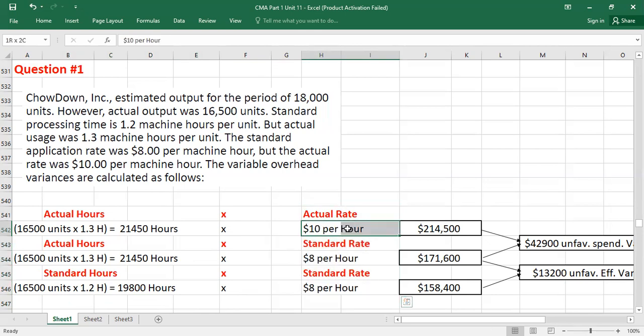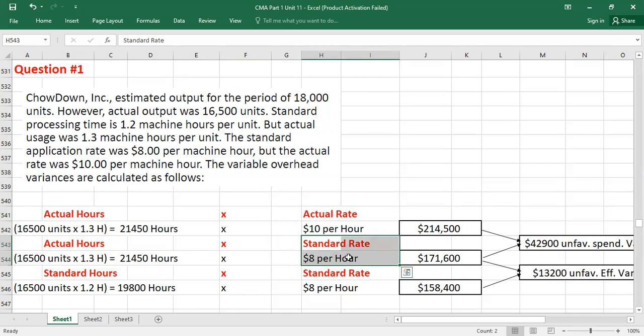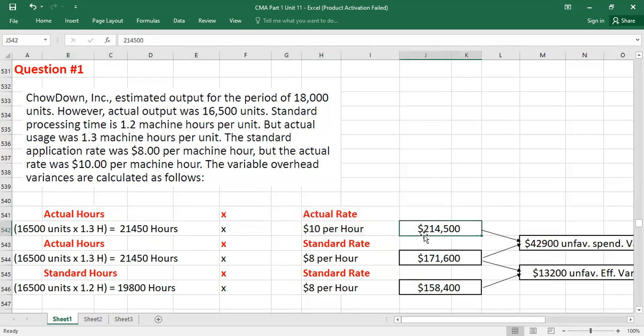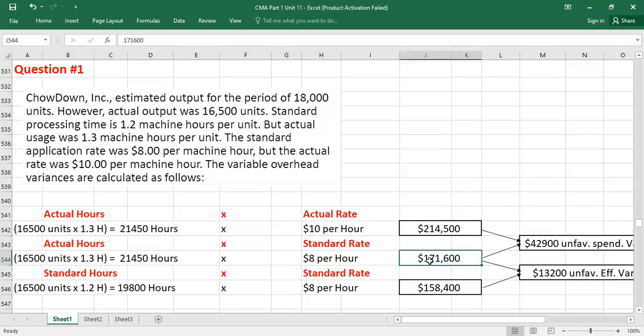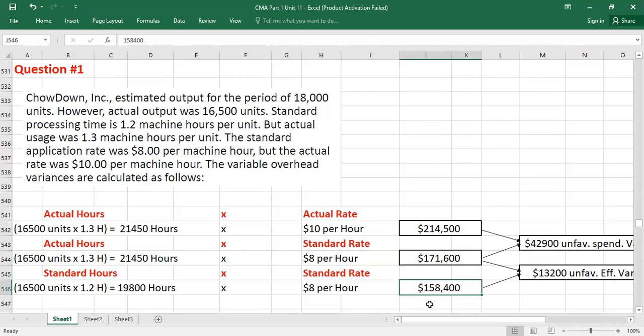Now you will multiply by the actual rate and the standard rate. The actual rate is $10 per hour, as given in the question, and the standard rate for each hour is $8, which is given here. Now you just multiply actual hours with the actual rate, and you get the answer of the first line, $214,500. Multiplying actual hours with the standard rate, the second line, gives $171,600. Multiplying standard hours with the standard rate gives $158,400.